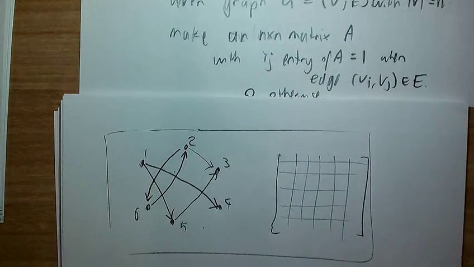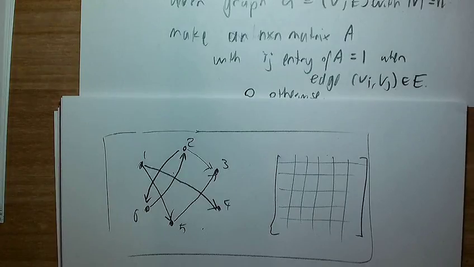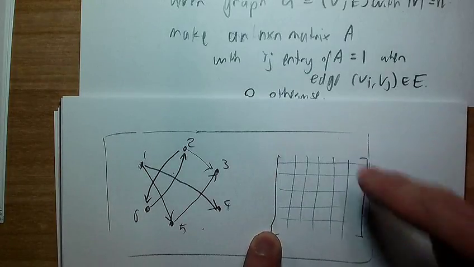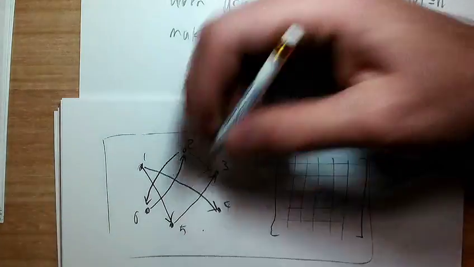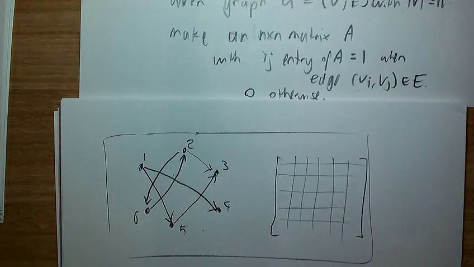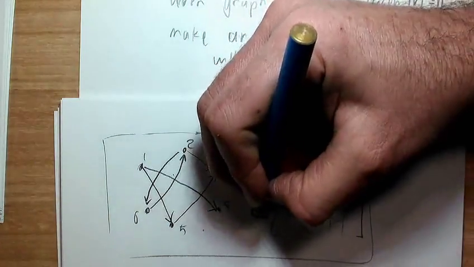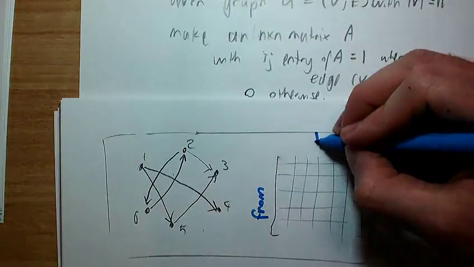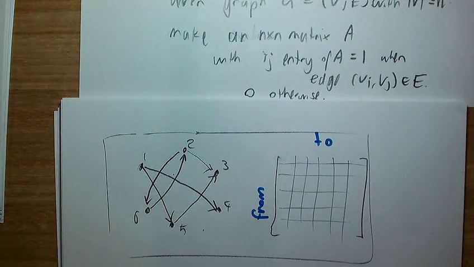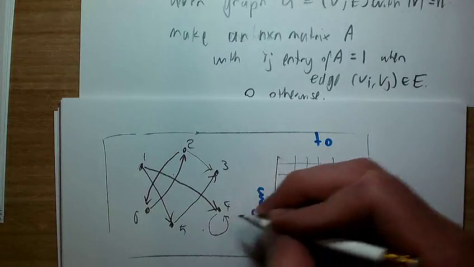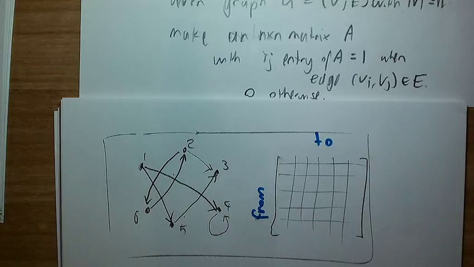So this is a directed graph. So on the left is from, and on the top is to. I'll do that in colour.